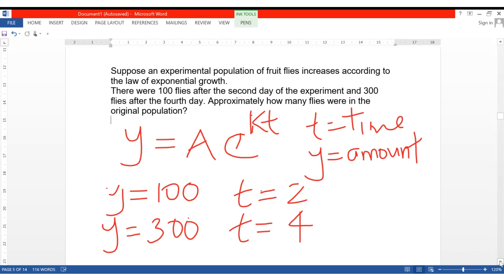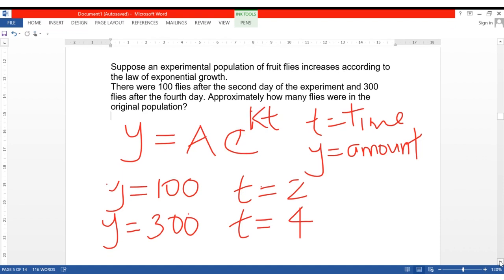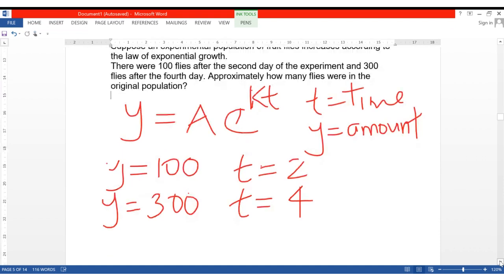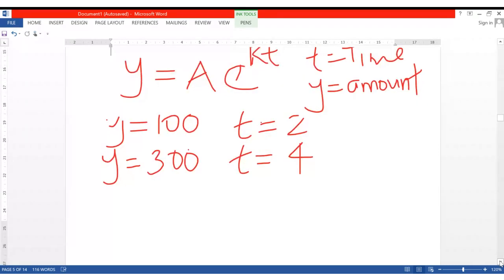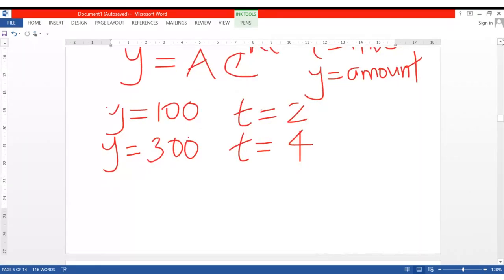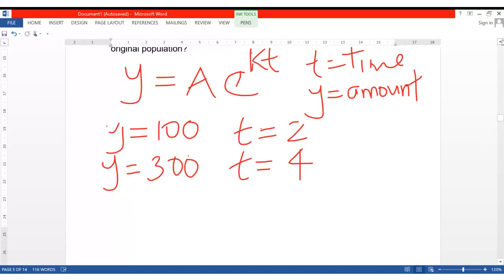For this one, I'll need to put the two conditions and solve them together, because there's no t equals 0. Even if I introduce that, I'll not be able to eliminate one. Let me replace the first condition and see what we get. At y equals 100, t equals 2. So where there's a y, I'll put 100, and then I'll have a, and then exponential.